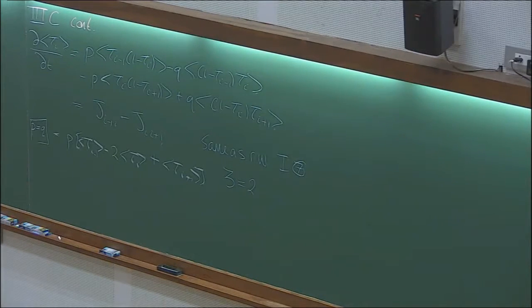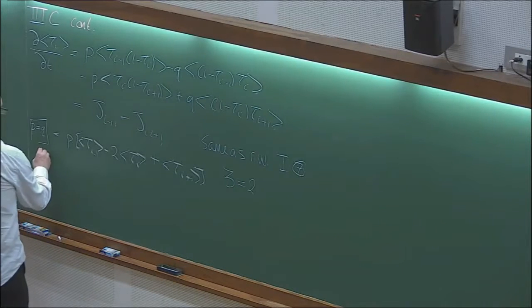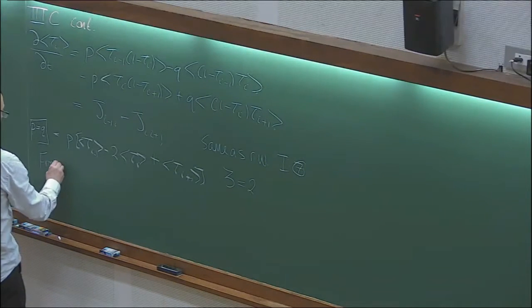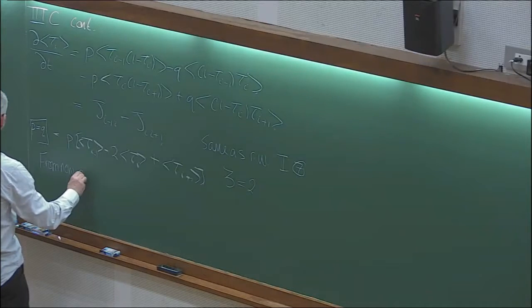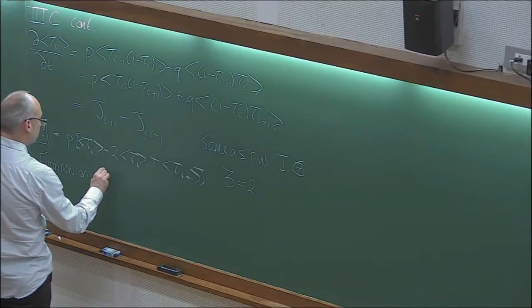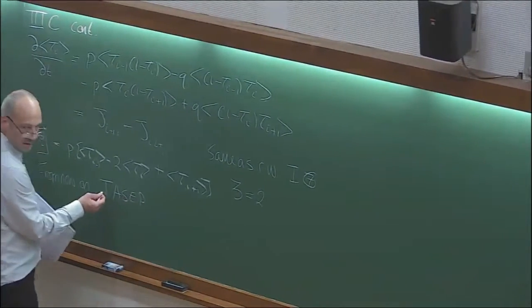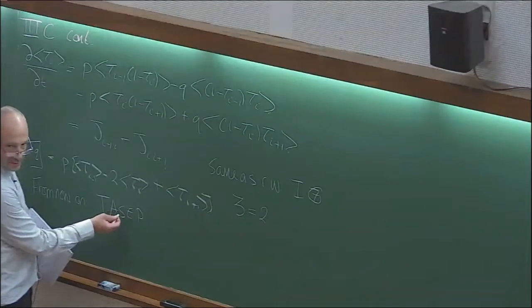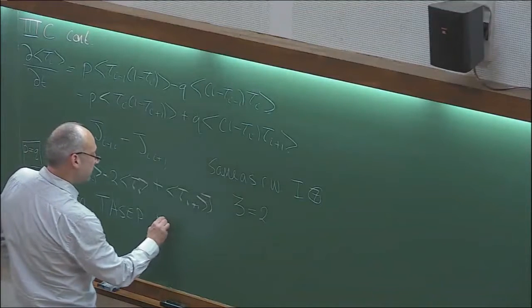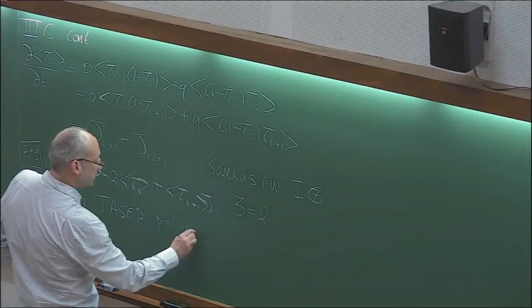So, okay, from now on, we'll consider TASEP, the totally asymmetric simple exclusion process. So this is the case p equals 1, q equals 0.